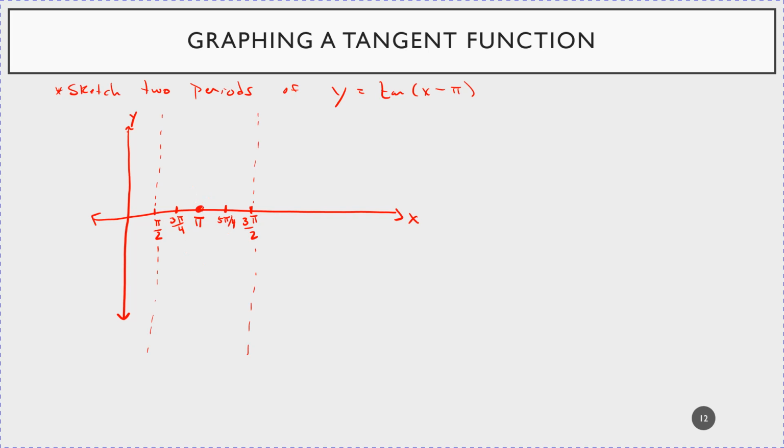And then look, the midpoint is 0. 5 pi over 4 is 1 because the value of 1 is in front. Here is negative 1. And boom, you got it.